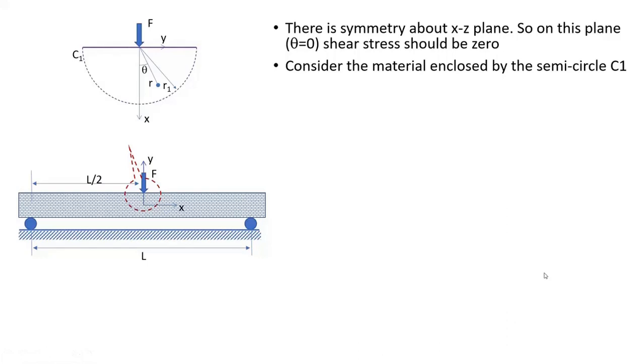So this material is under equilibrium, so there will be stresses developed on this circular surface, and you will have sigma rr and sigma r theta as shown here. Since sigma r theta is 0 on this xz plane, it will have its direction changed as you cross the xz plane. Now this system is in equilibrium.